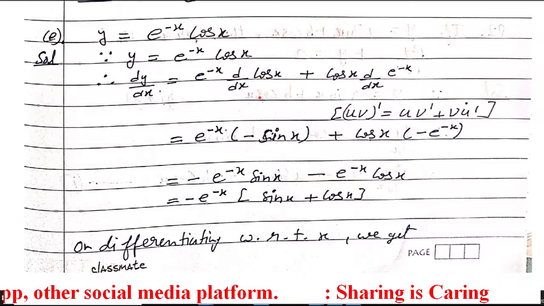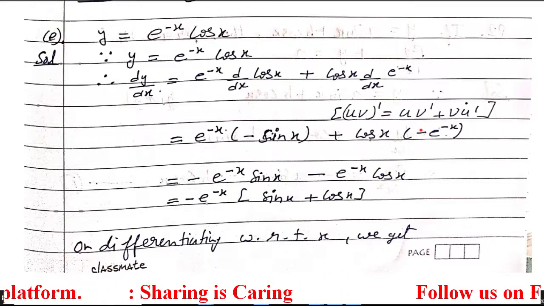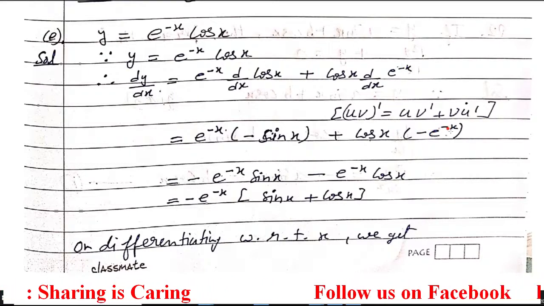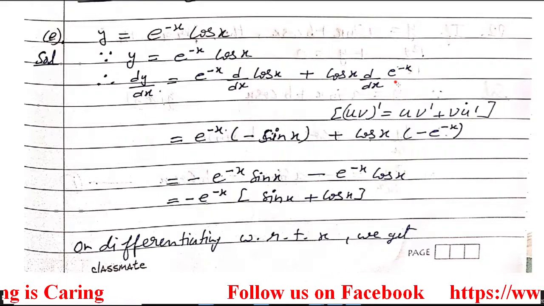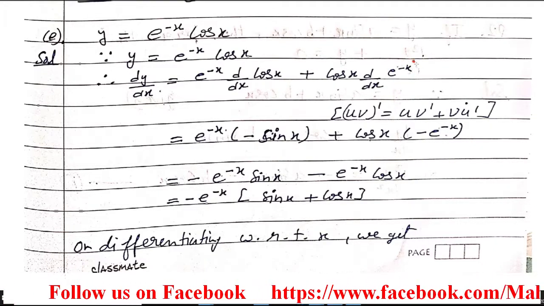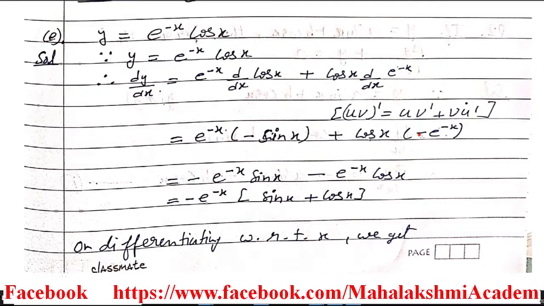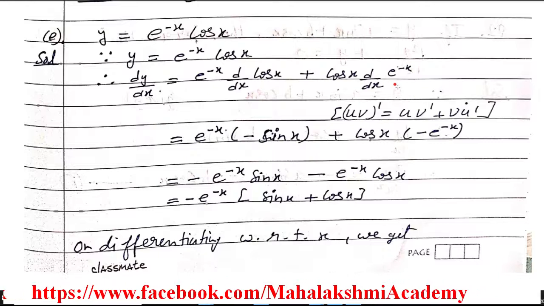Now cos x differentiation is minus sin x and e to the power minus x differentiation is minus e to the power minus x, because students, e to the power x differentiation is e to the power x only, but when we differentiate this minus x, because of the chain rule, we will get minus 1. That's why minus came in front. I hope it's clear how we obtain this.